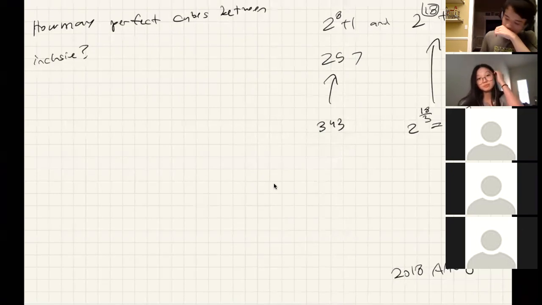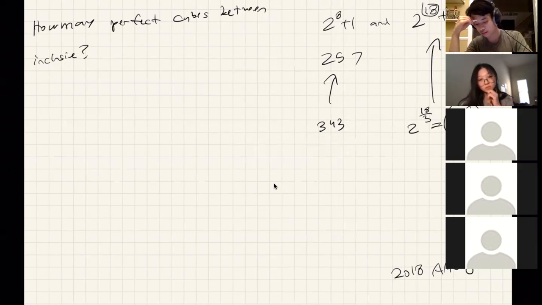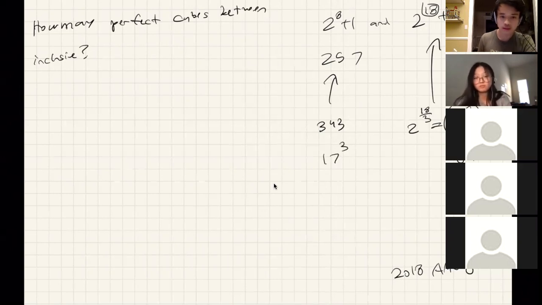So this cubed is the greatest cube less than 2 to the power of 18 plus 1, and that turns out to be 64. So we're finally trying to find the number of perfect cubes between these two numbers.